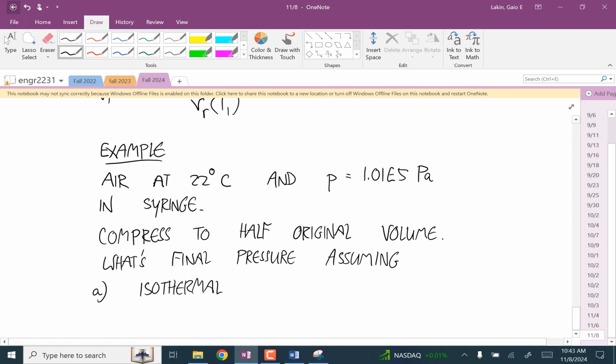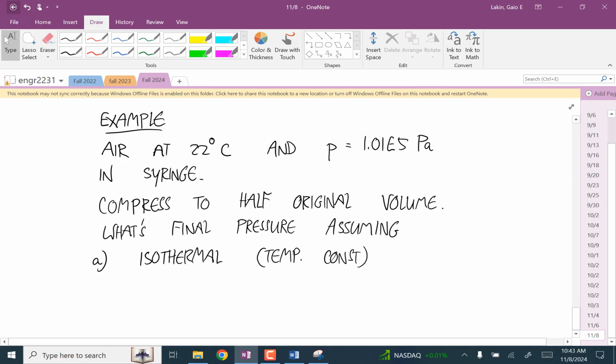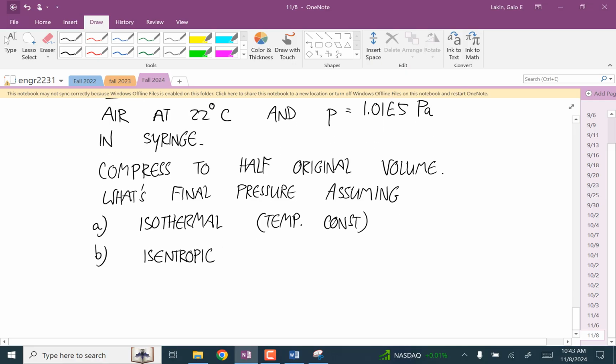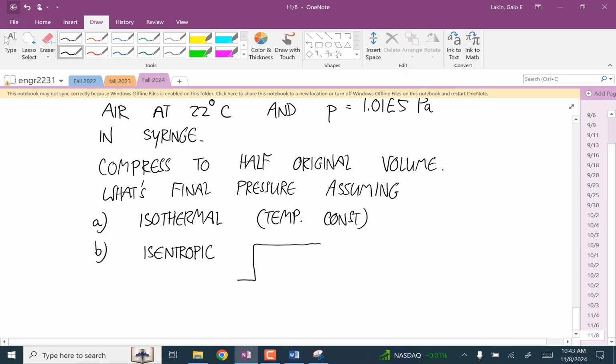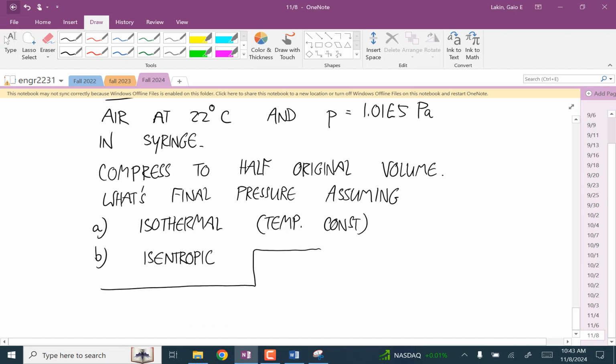So that's saying that the temperature stays constant. And second, assuming isentropic.